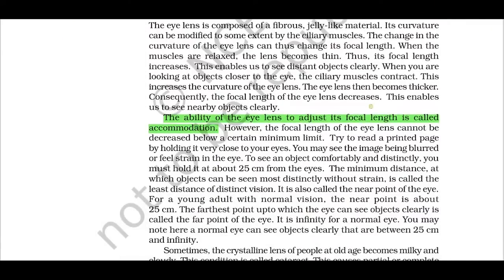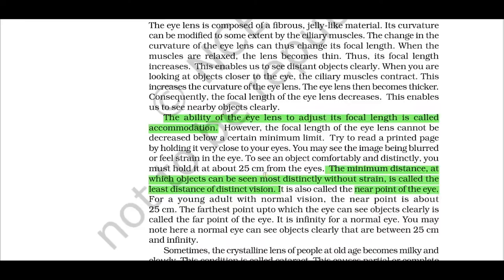A few more important definitions based on the power of accommodation of the eye. The minimum distance at which objects can be seen clearly or distinctly without strain to the eye is called what? Least distance of distinct vision. It is also called the near point of an eye.